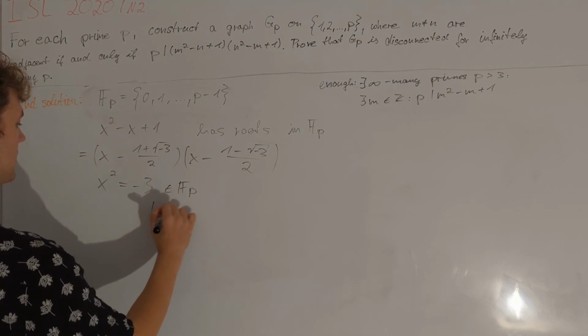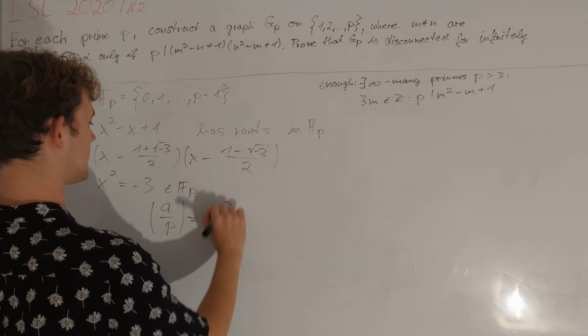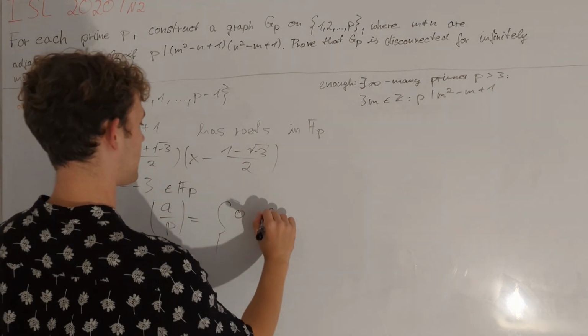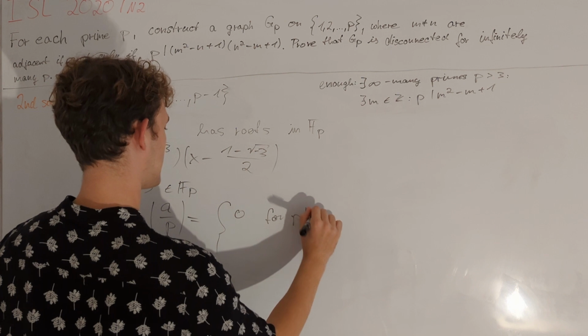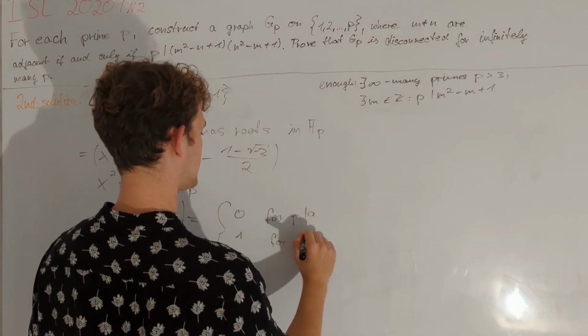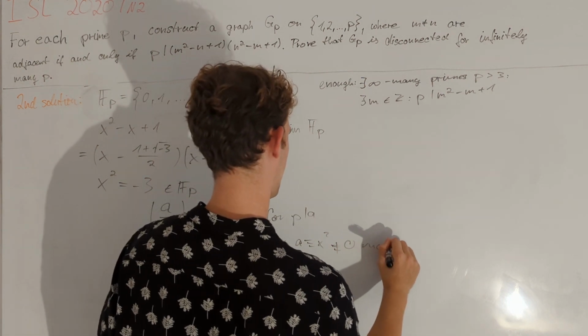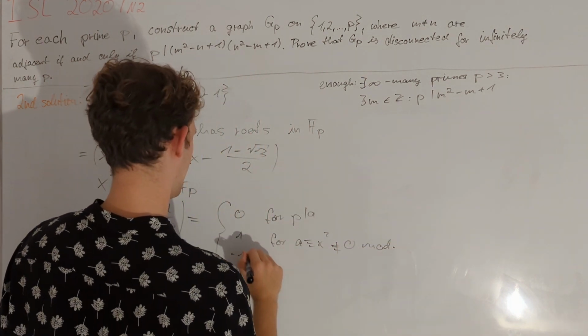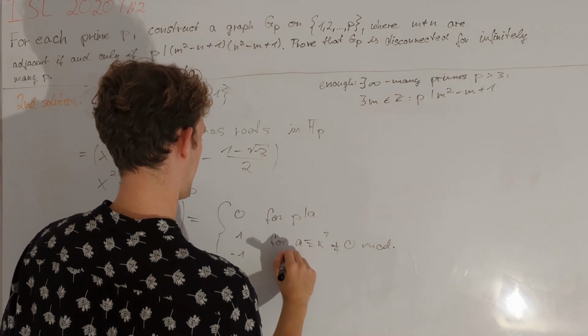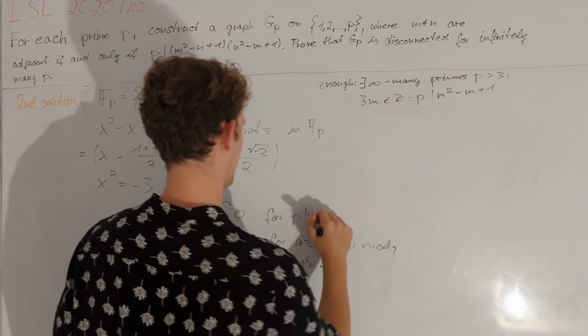We define the Legendre symbol, a over p, as 0 for p divides a, 1 for a quadratic residue mod p, and -1 if a is not a quadratic residue mod p.